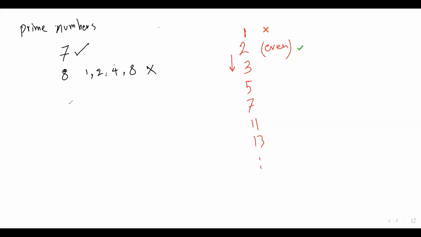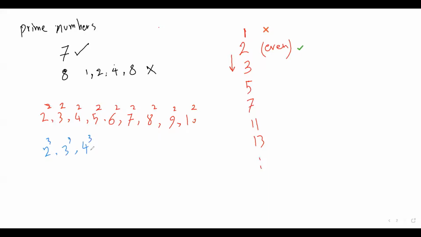We can skip 1 because 1 raised to the power of anything is 1. So 2, 3, 4, 5, 6, 7, 8, 9, and 10. I strongly suggest you remember the second power or the square of these numbers, and also the cube of them, meaning 2 to the power of 3, 3 to the power of 3.